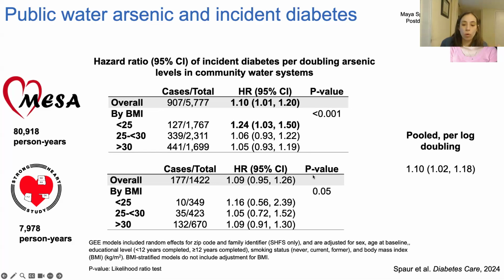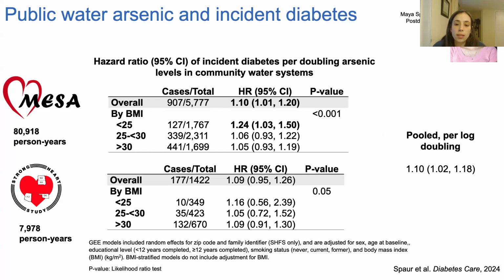And so overall in both cohorts, we see this positive association: higher water arsenic, higher hazard ratio of incident diabetes. We certainly saw effect measure modification by BMI, so larger effect estimates among the leanest participants, or participants with the lowest BMIs. And we used a pooling approach to combine these 2 cohorts.